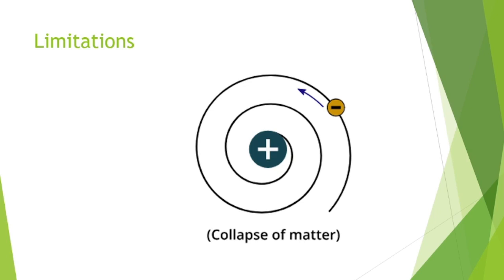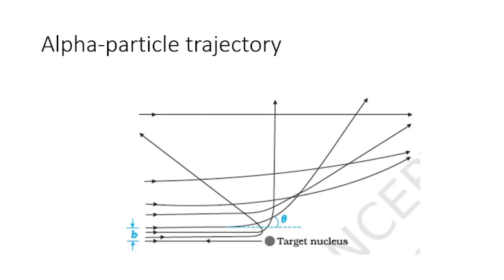And as we observed earlier, the alpha particles have some trajectory. When it is traced, it completely depends upon the impact parameter, that is b, also indicated by the small b.